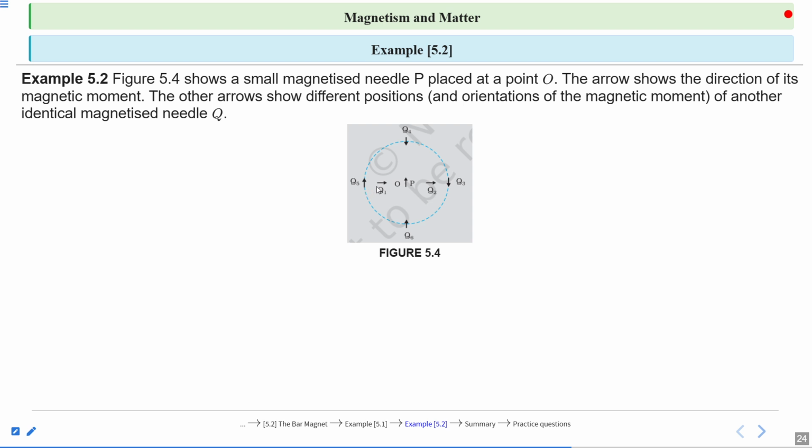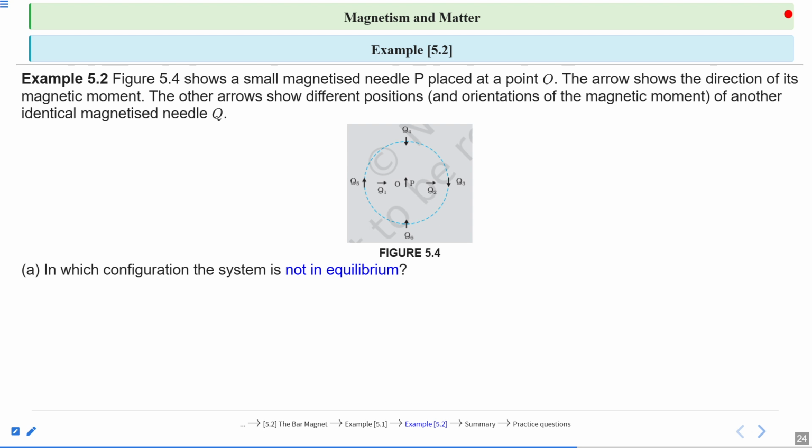What we have to find: in part A, in which configuration the system is not in equilibrium. Configuration means the configuration of P with the different other needles, like PQ1, which means P and Q1. In configuration PQ6, we analyze only P and Q6, ignoring the other needles.